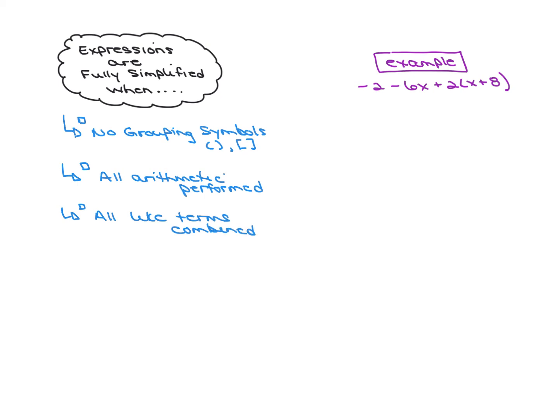Before we continue with our list, I want to just talk briefly about like terms. First of all, because that word term, it means they're things that are being added. We're going to see lots of different types of like terms this year. Right now we're focusing on variable terms, and variable terms are like terms if they have the exact same variable.